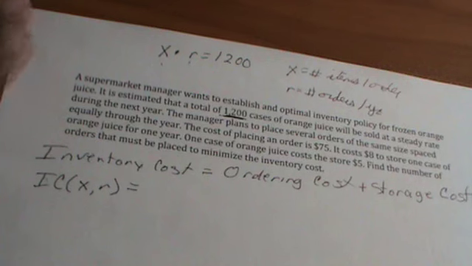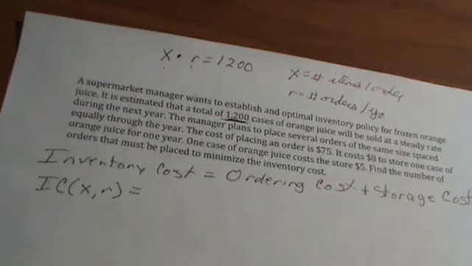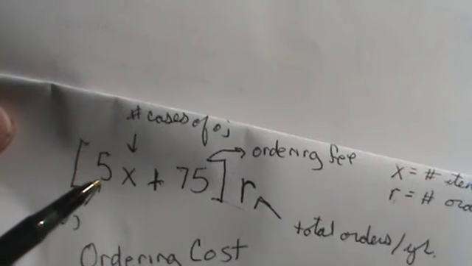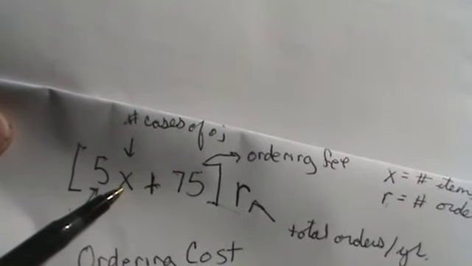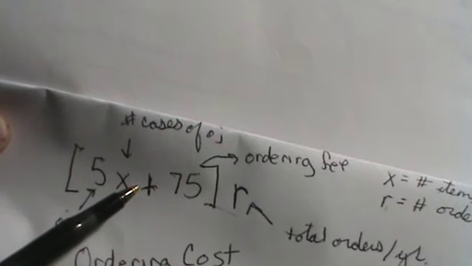All right, so where does your ordering cost come from? We had that discussion. Okay, and let me show you that. Each one of your cases of orange juice is $5. So you're going to take $5 and multiply it by however many cases you order. So X plus, you have to pay them $75 every time you place an order.